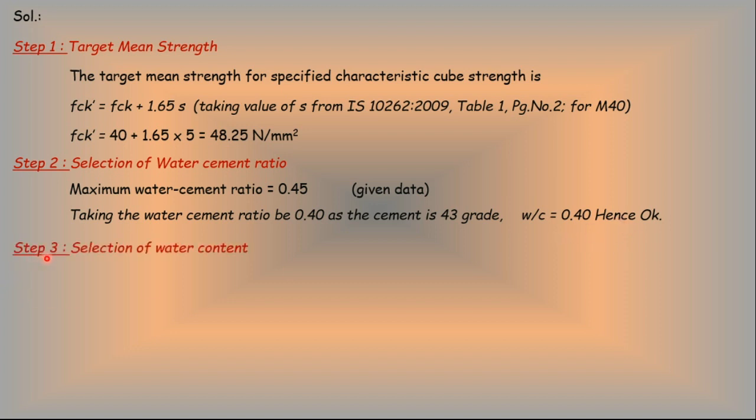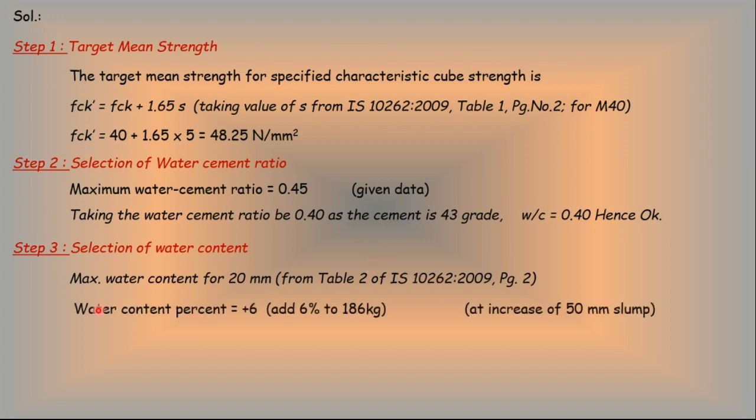Step 3, selection of water content. Maximum water content for 20 mm aggregates from Table 2 of IS 10262, page number 2, is 186 kg. In this problem, we have a slump of 100 mm, wherein the table provides the water content for the slump of 50 mm.